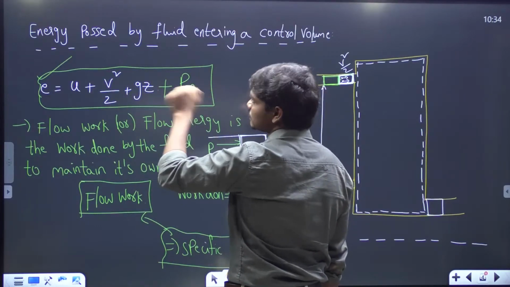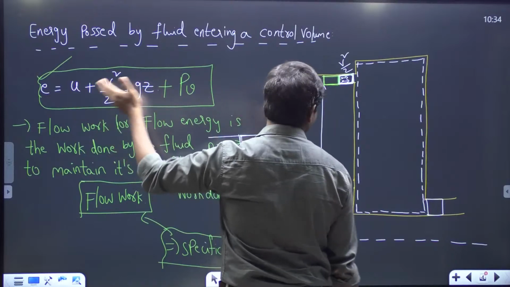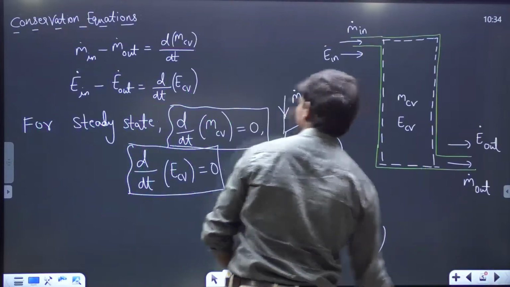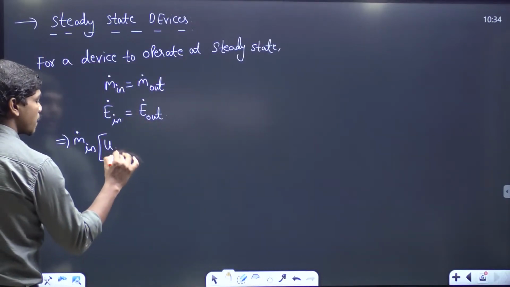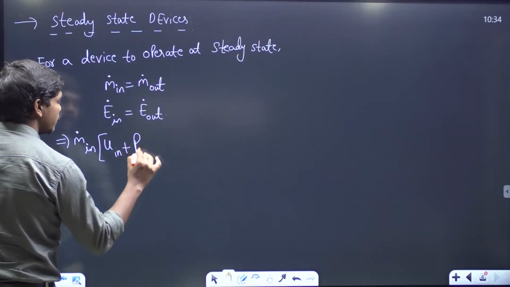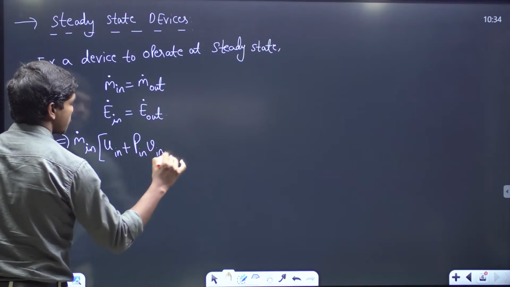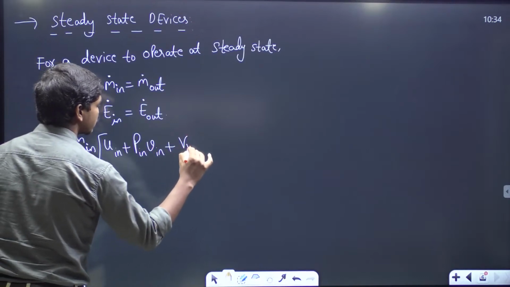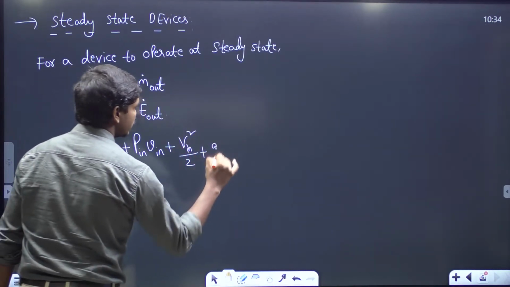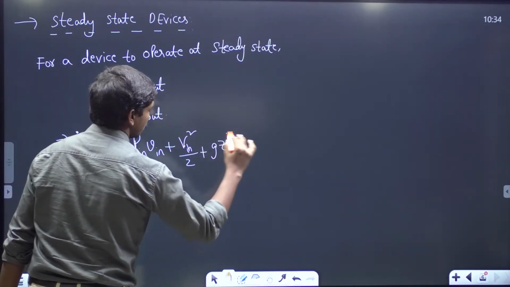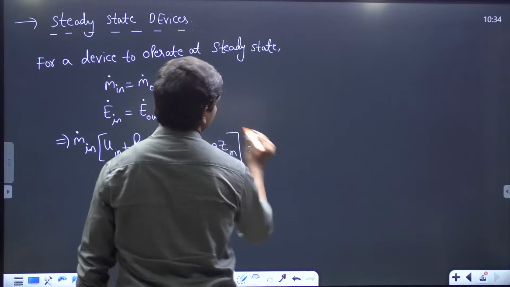And since v is specific volume, this is per unit mass. So energy per unit mass is given by u_in plus P_in v_in plus V_inlet squared by 2 plus g times z at inlet.